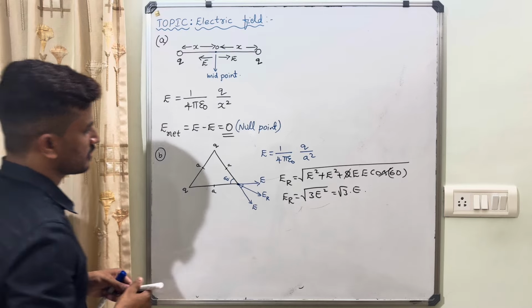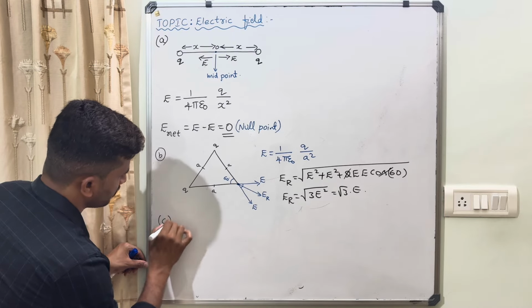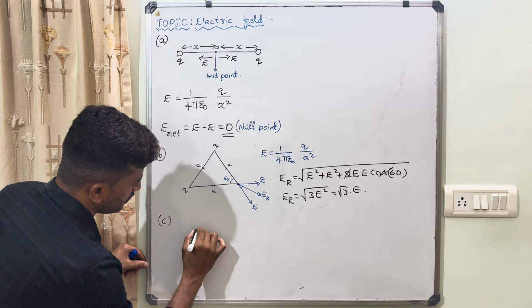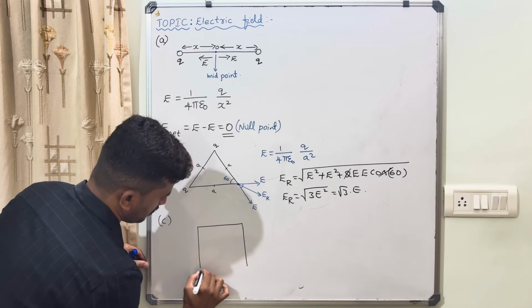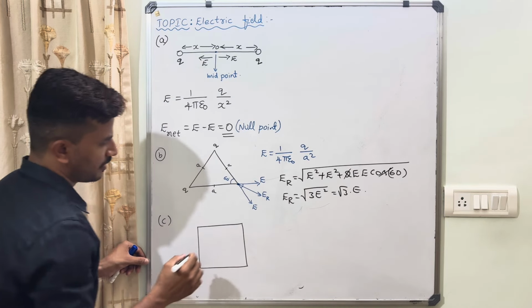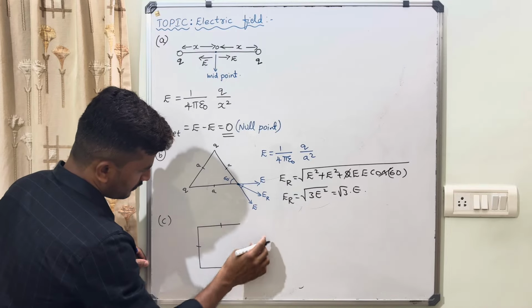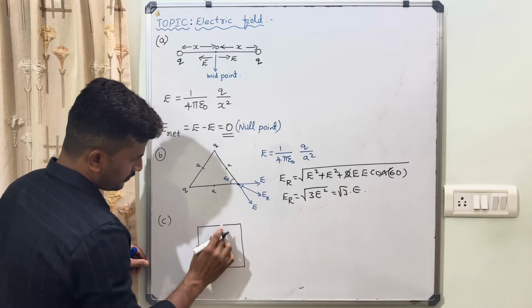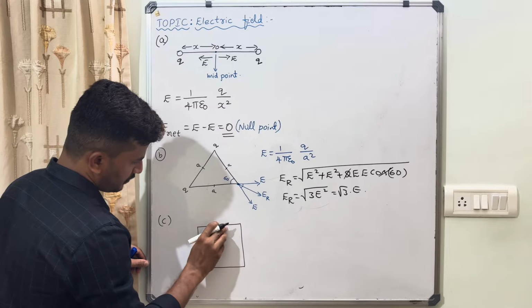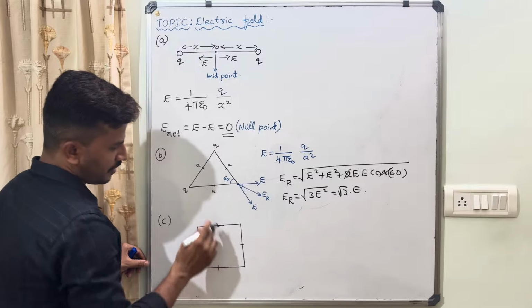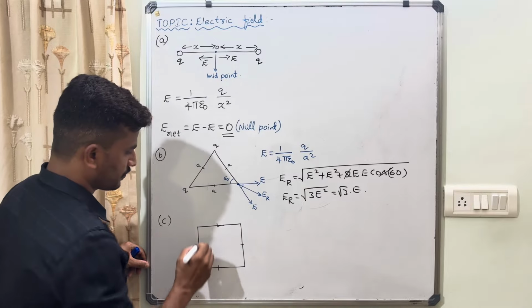So there is one more case. Let's consider this is a square. All these sides are equal.